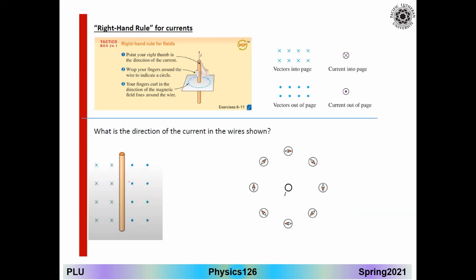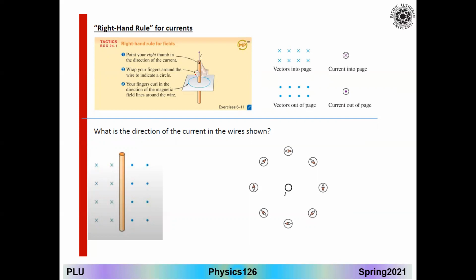Let's go to the first example here on the left side. We have a wire with a current, and we don't know its direction, but we are given the direction of the magnetic field: this side points out, and this side points in. We need to identify the direction of the current, so we use our right-hand rule.